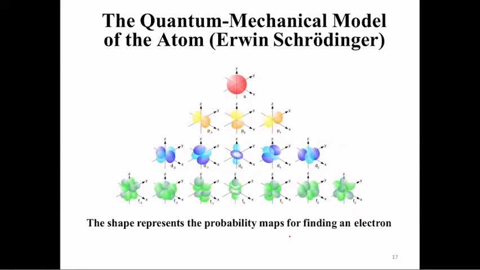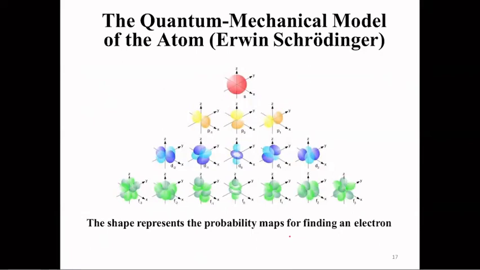The difference between Niels Bohr and Erwin Schrödinger is just that Schrödinger made much better equations to define where the electrons are. Now, instead of thinking that electrons orbit around the nucleus like planets orbit around the sun, Erwin Schrödinger said, you know what, I think electrons are subatomic particles that are moving more.